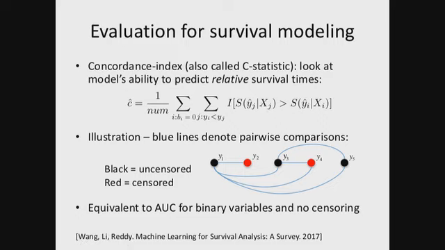What you want is that the likelihood for the event that, on average, should occur later should be larger than for the event that should occur earlier. I'm going to first illustrate it with this picture, and then we'll talk about the math. So what I'm showing you here are every single observation in your data set, and they're sorted by either the censoring time or the event time.